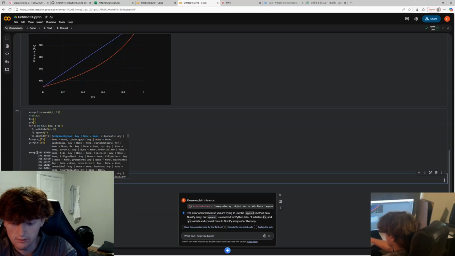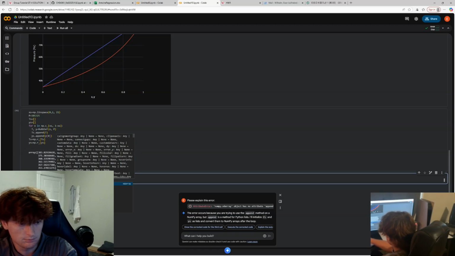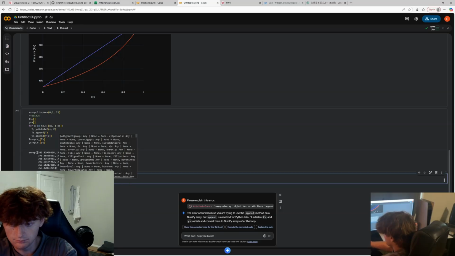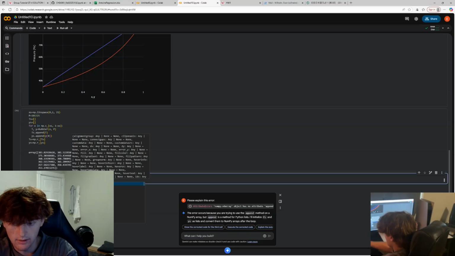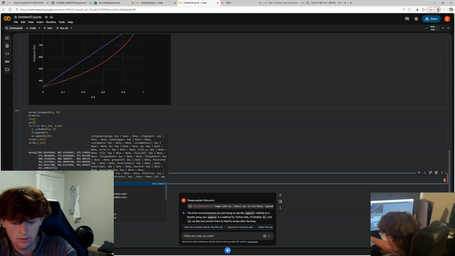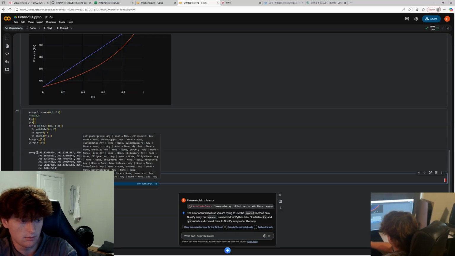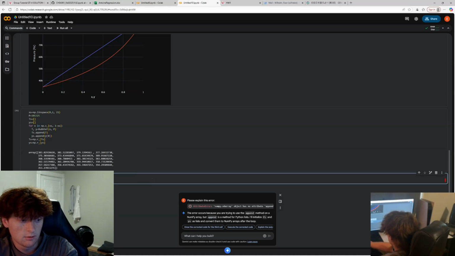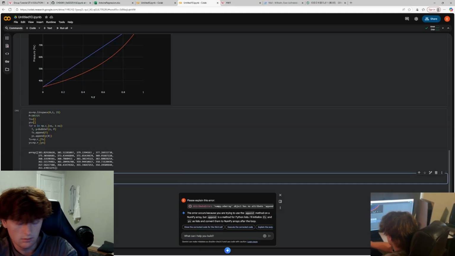We want x equal our x's, and then we want our y to equal our ts, and then we want our name to be bubble line, and then we want our mode to equal lines.